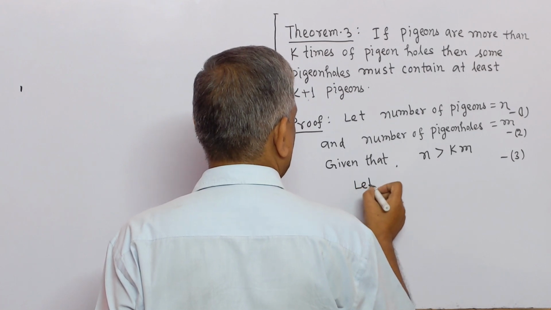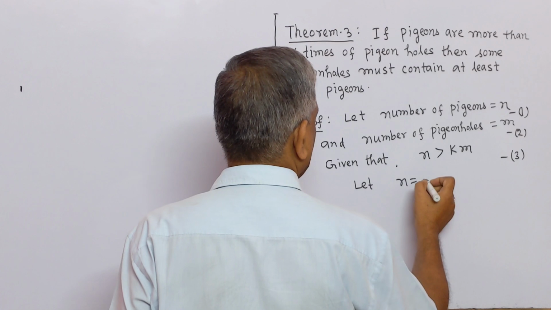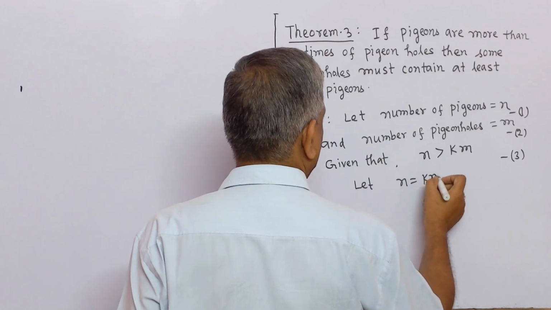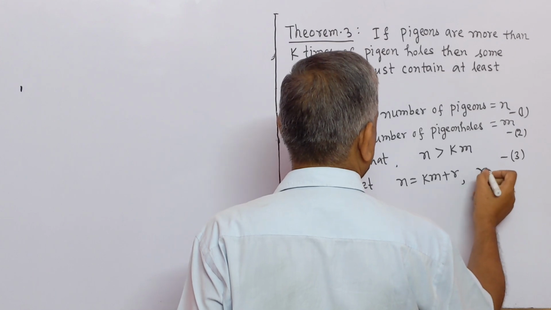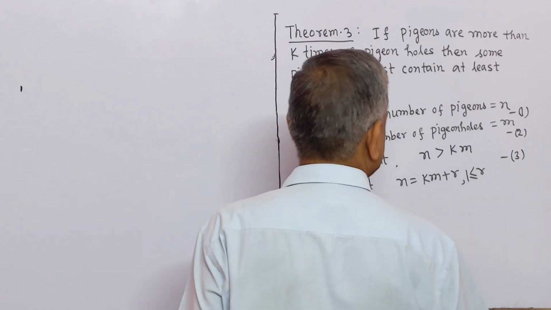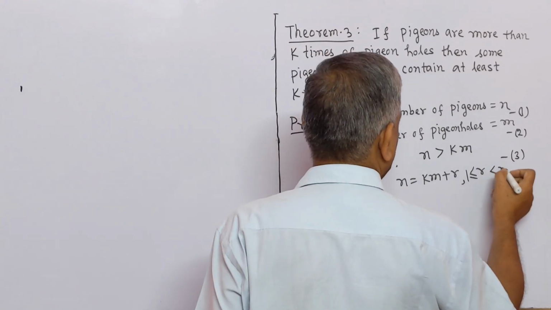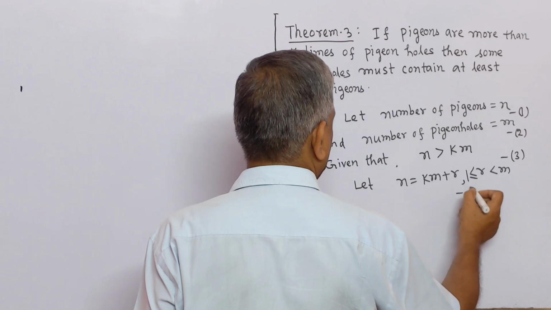Let n equal km plus r, where r is greater than or equal to 1, less than m. This is number 4.